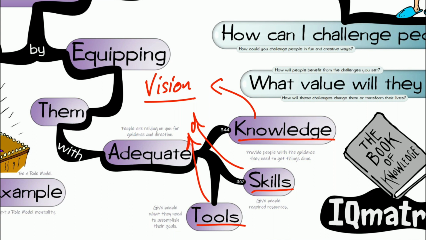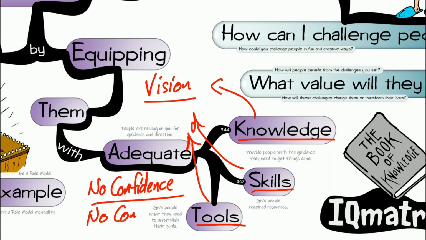And if they don't have the confidence, then they'll lack the competence. And if they have no competence, they'll have no confidence. If they have no confidence, they'll have no competence, and nothing will get achieved.